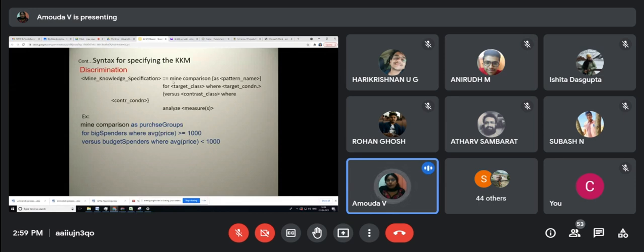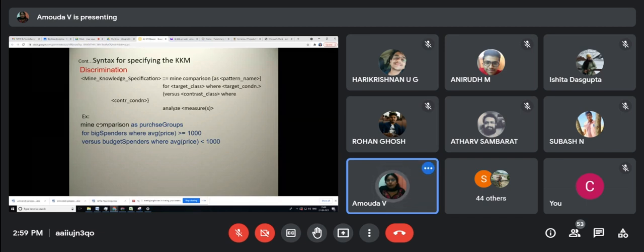If you take the knowledge or function to compare, the syntax is written: mine comparison, give the result in the name of the pattern name, for the target class with a condition versus the contrast class with a contrast condition, and the measure, count, percentage, sum, whatever you can say.